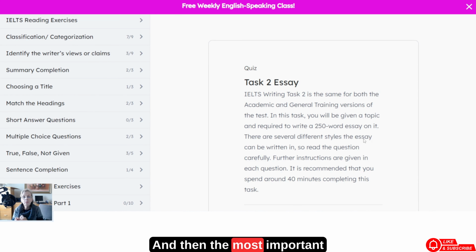And then the most important thing is to actually answer the question. Do you know how many students read a question and then go off on a tangent and describe something that doesn't answer the question? And in that case, you will score very poorly. So please be sure that you know what is being asked and that your essay answers the question.